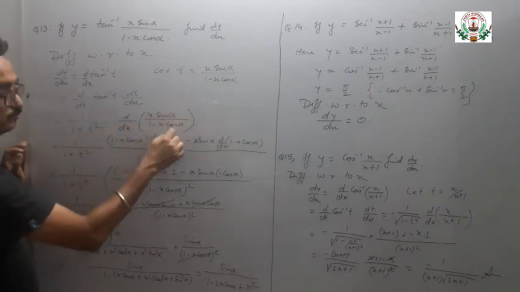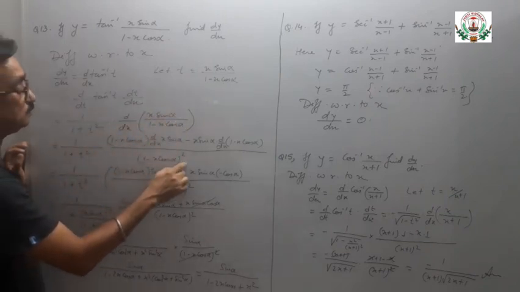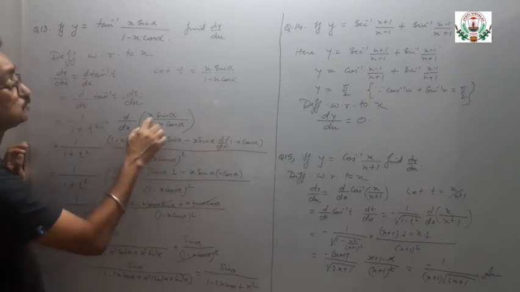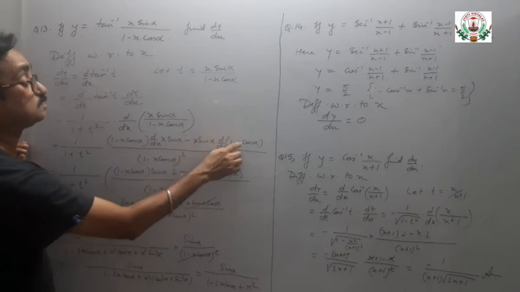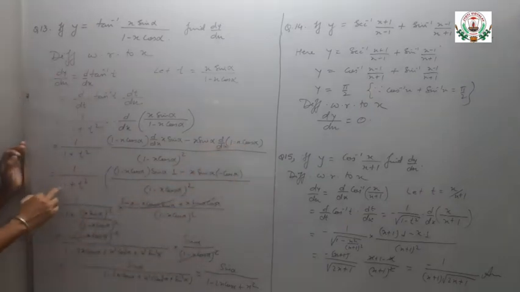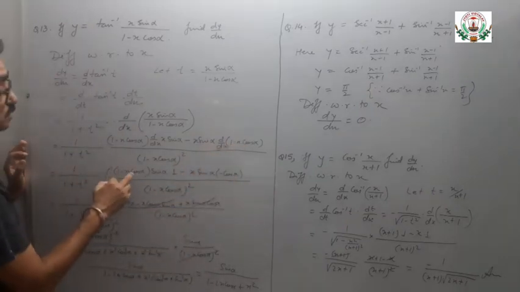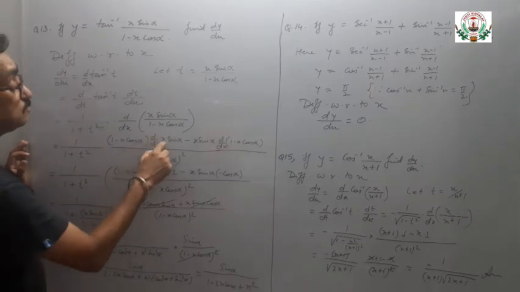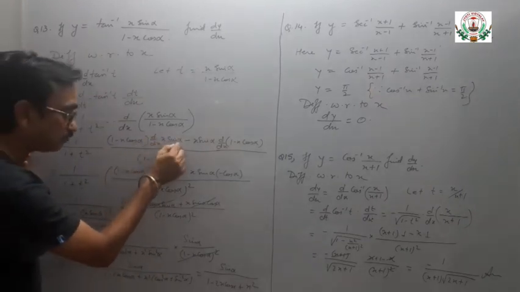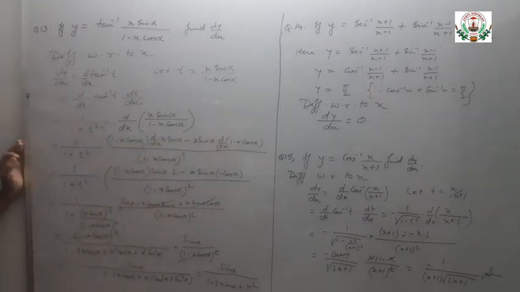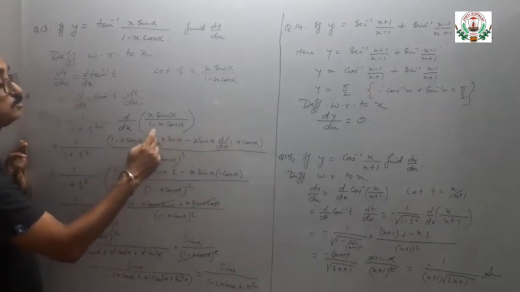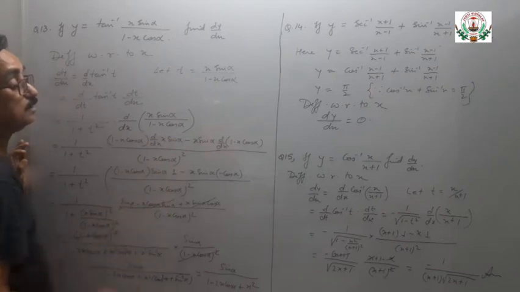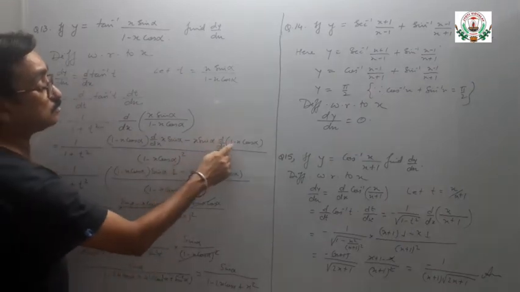This is u by v. So v square, first function into differentiation of second function minus second function into differentiation of first function. So 1 upon 1 plus t square, 1 minus x cos alpha, d by dx of x sin alpha. Sin alpha will be taken out of the differentiation. It is not a product function. Sin alpha को बाहर ले लेंगे differentiation के और d by dx of x क्या हो जाएगा 1. x sin alpha, d by dx of 1 will be 0.